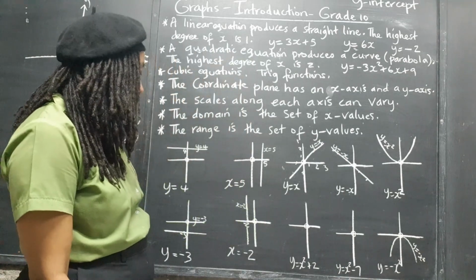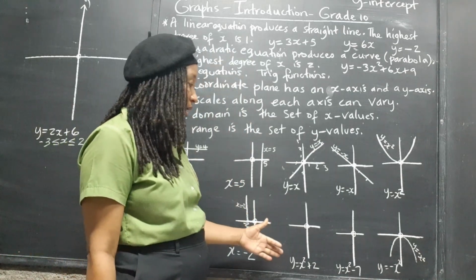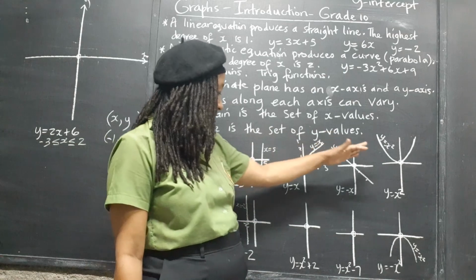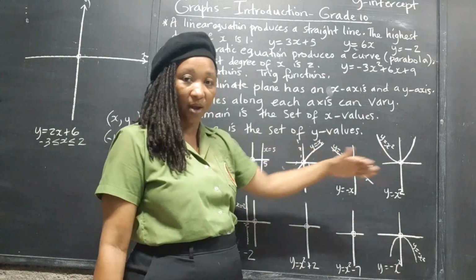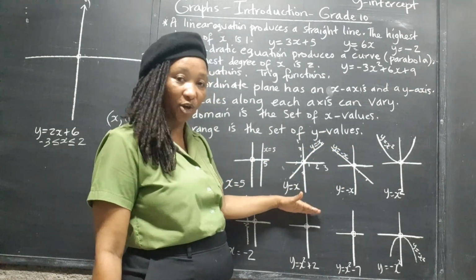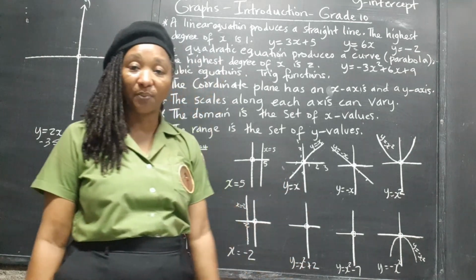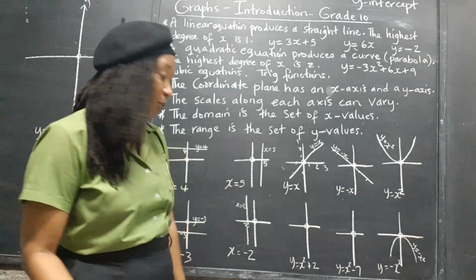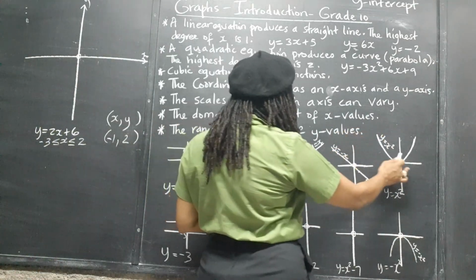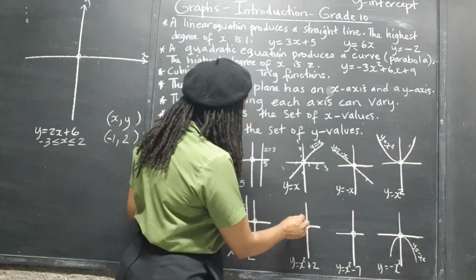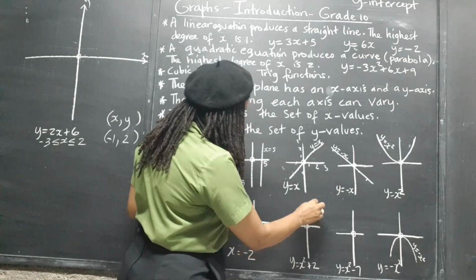Alright, y equal x squared plus 2 will be similar to the line y equal x squared, but we're going to move it 2 places up. Because remember we said the constant term at the end tells you where it cuts the y-axis. So it's the same y equal x squared, but it's shifting up to where y equal 2.